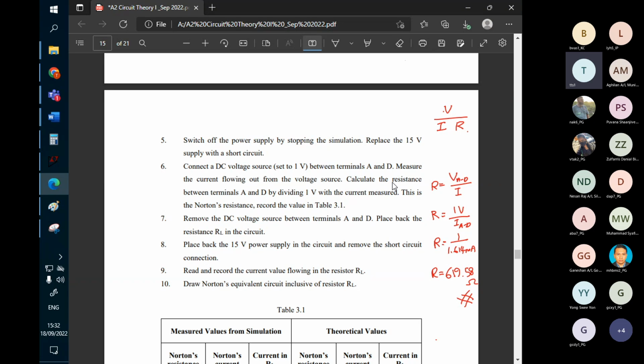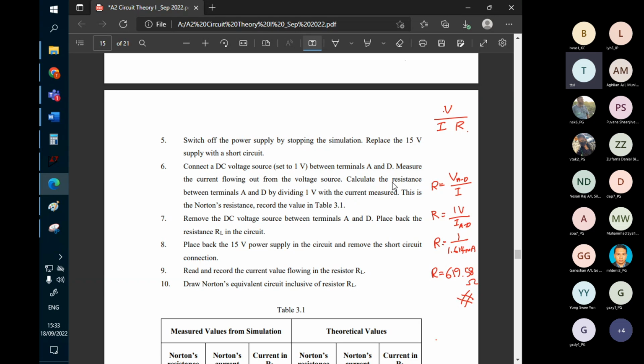Let me quickly see whether any of the previous students can come up with the theoretical value themselves. Hold on for a while.